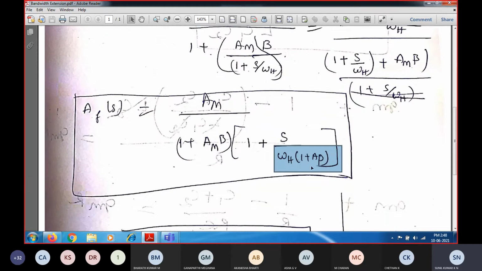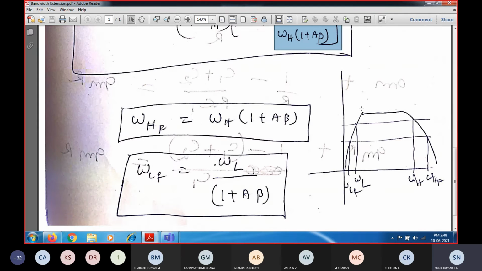If A into beta is 100, the new 3 dB frequency will be 100 into 1 kilohertz, that is 100 kilohertz. So obviously the bandwidth of the corresponding amplifier is going to increase.